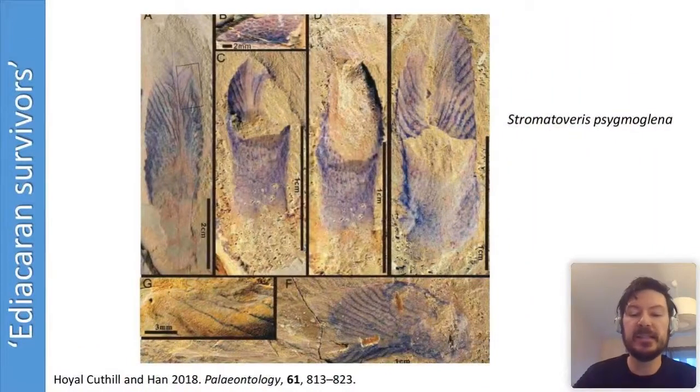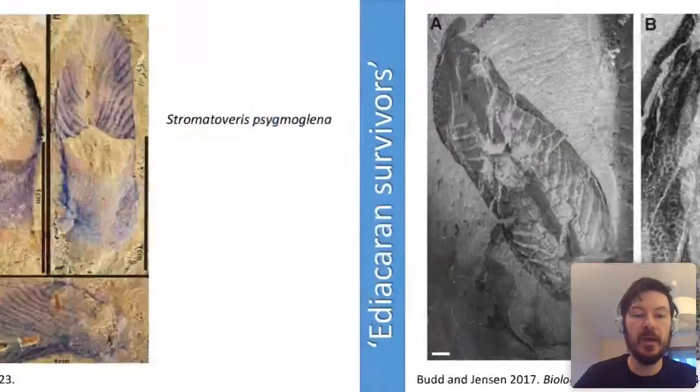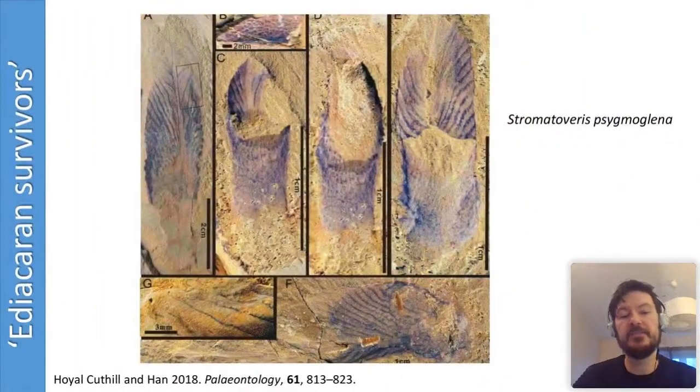And we can also add to this list of so-called Ediacaran survivors a small but increasing number of taxa that purely on morphological grounds have been linked to the Ediacaran biota.